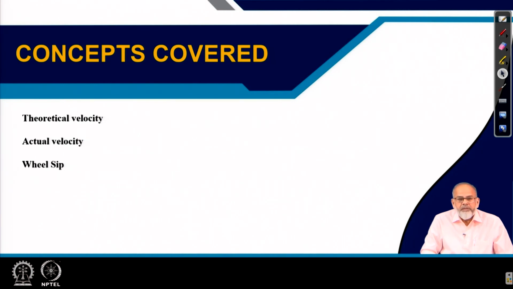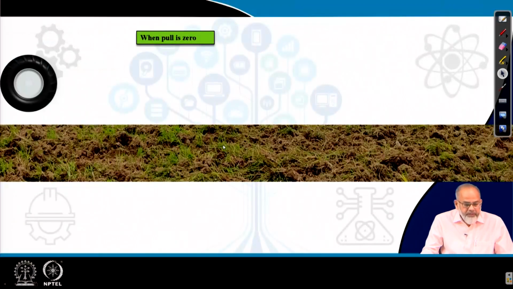So this is the importance of slip. So how to measure slip? We have to have the theoretical velocity and the actual velocity. If you know these two velocities, then you can find out the value of slip.